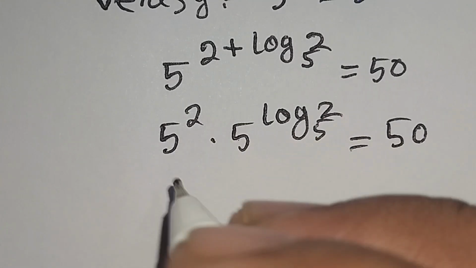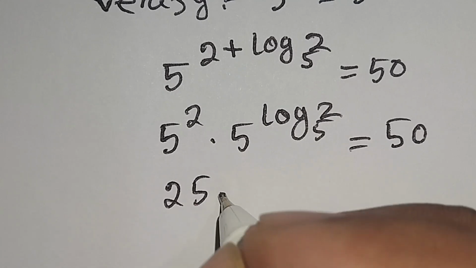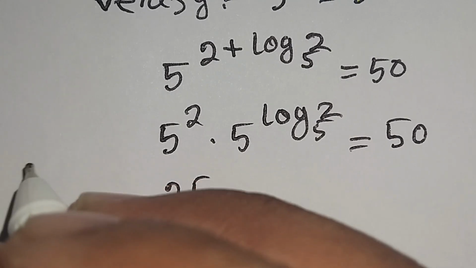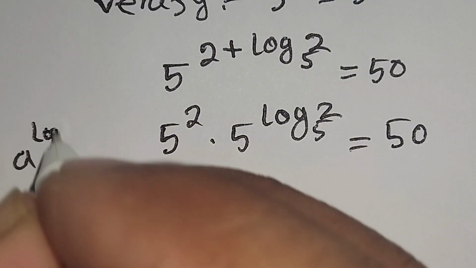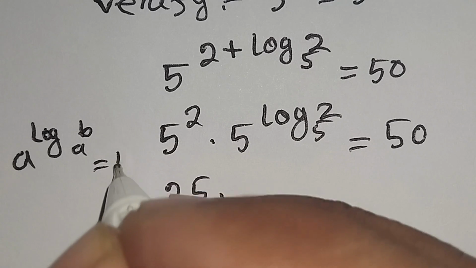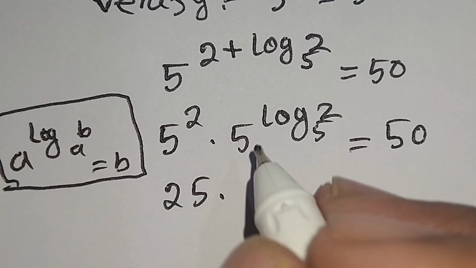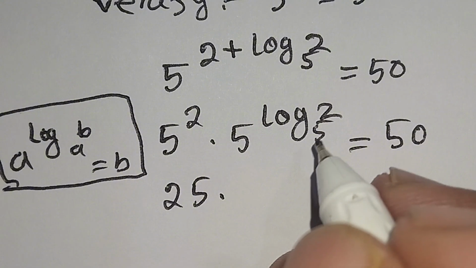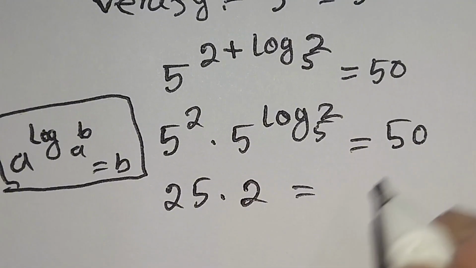Here 5 squared is equal to 25, times, we know a to the power log b to the base a is equal to b. According to this log property, you can write 5 to the power log 2 to the base 5 as 2, which is equal to 50.